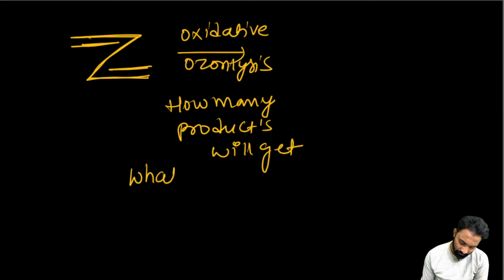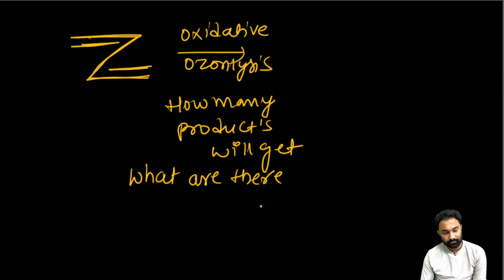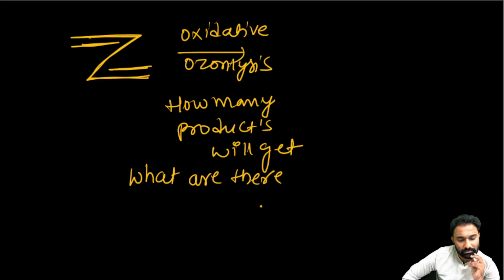What are they? How many products will we get and what are they?